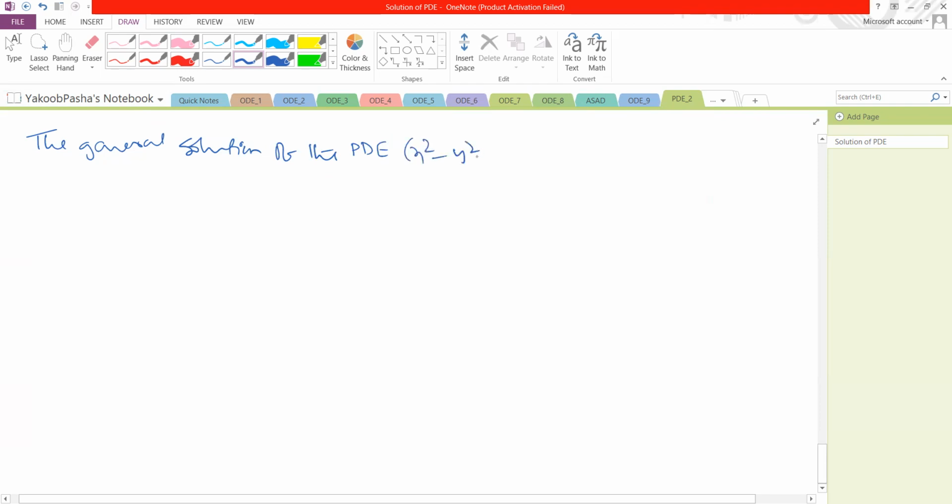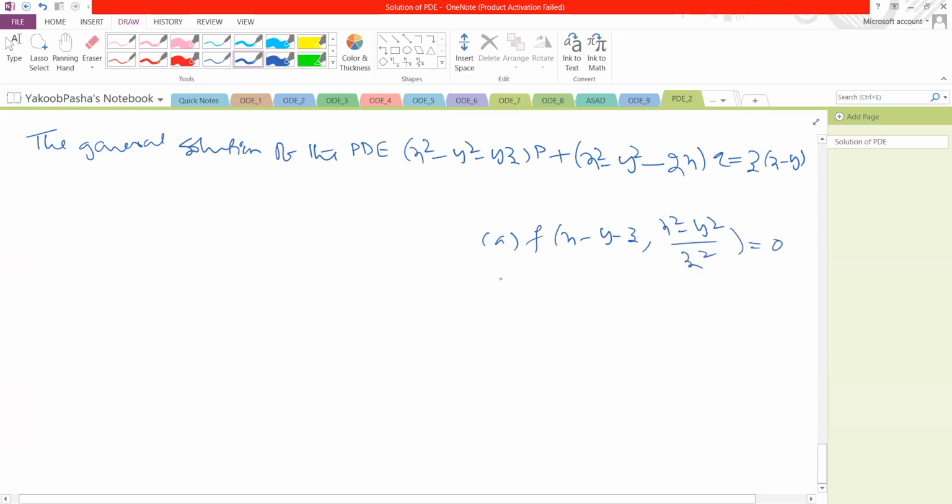x square minus y square minus yz into p plus x square minus y square minus 2x into q is equal to z into x minus y. Okay, here I am writing options. First option, f of x minus y minus z, x square minus y square by z square is equal to 0.